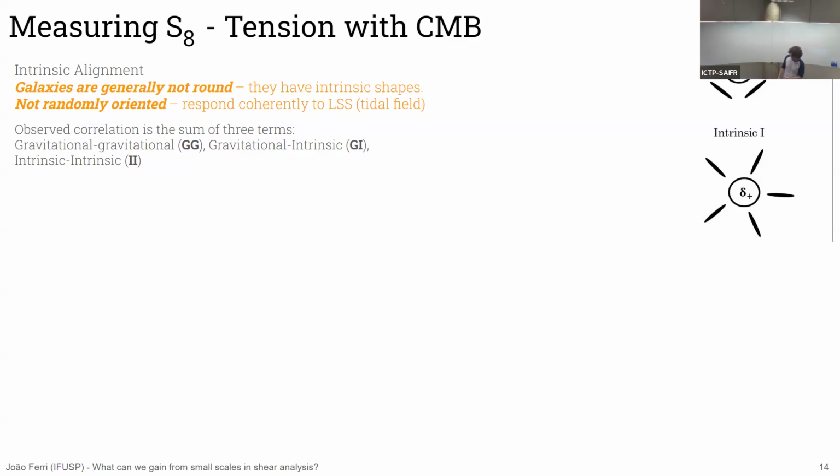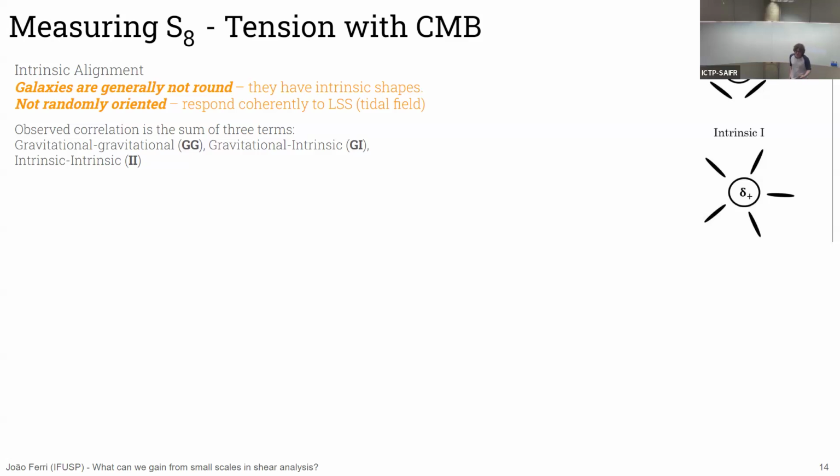They usually respond to the tidal field. So what you're actually measuring when you measure the galaxy shear is a combination of 3 correlations: the shear caused by gravity itself, the cross correlation between the intrinsic alignment and the gravitational shear, and the intrinsic correlation.